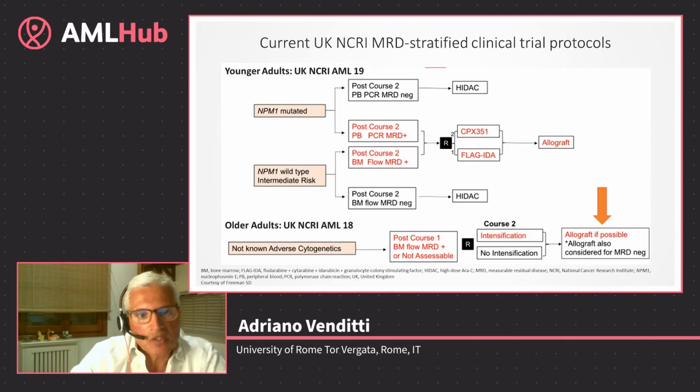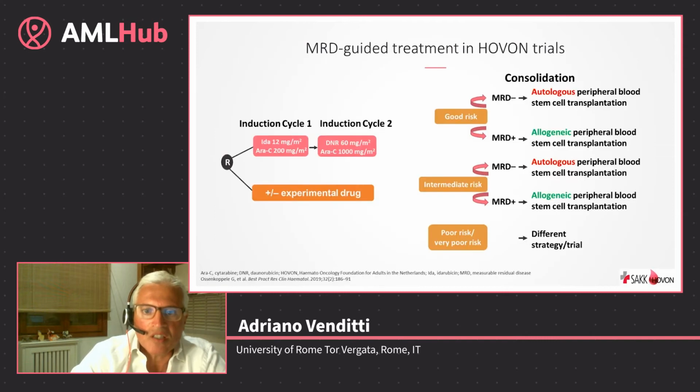MRD positive patients are randomized between an intensified approach consisting of CPX-351 or FLAG-IDA, and then the patients are submitted to an allogeneic stem cell transplant. This is an example of an MRD-driven or MRD-guided approach.